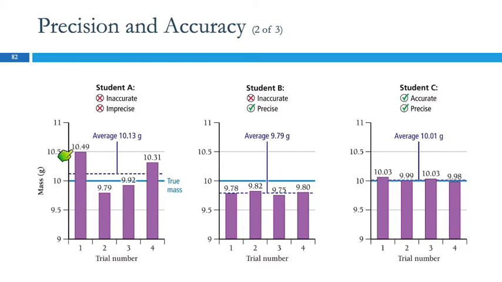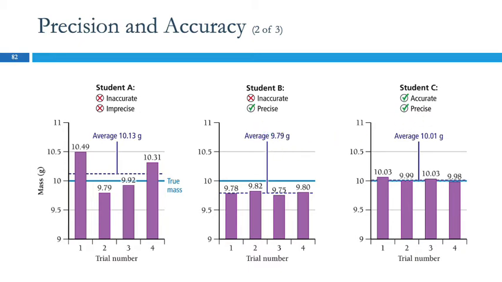So this is showing the measurement of mass each time the student did it, and the numbers are very different from each other. So the numbers are not agreeing. That's not precise. That's imprecise. Whereas these guys, they're all really close, and these guys are all really close. So both of these we would call precise.